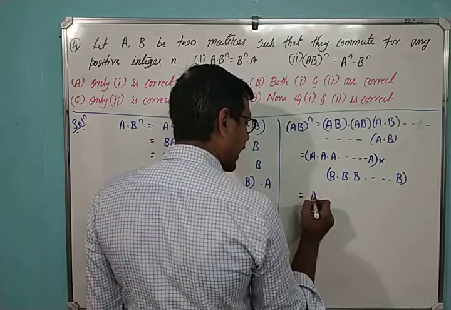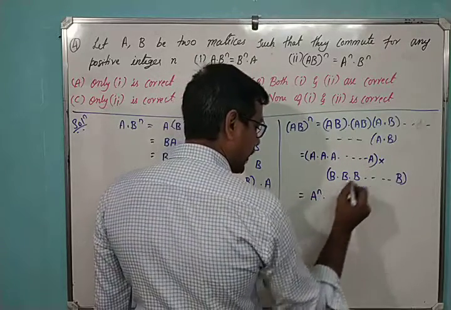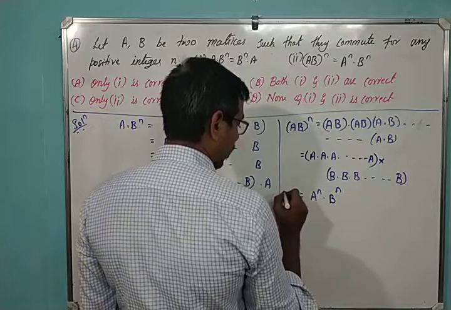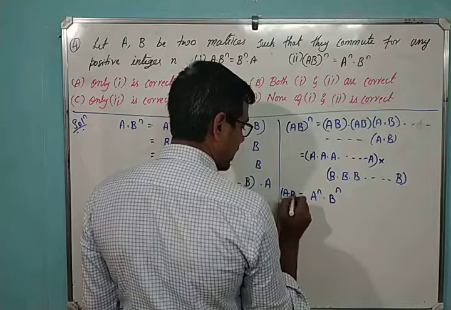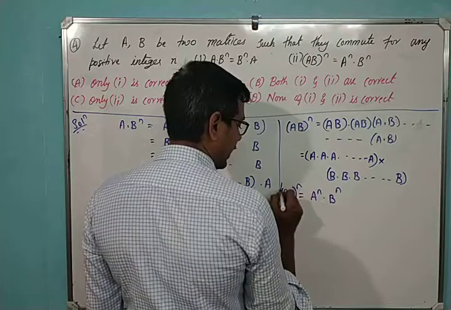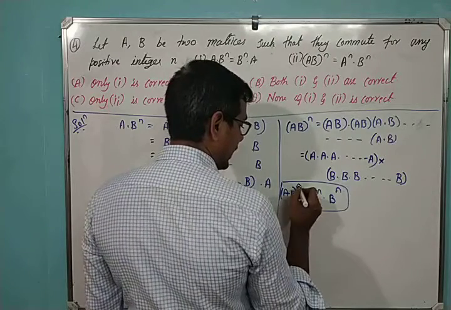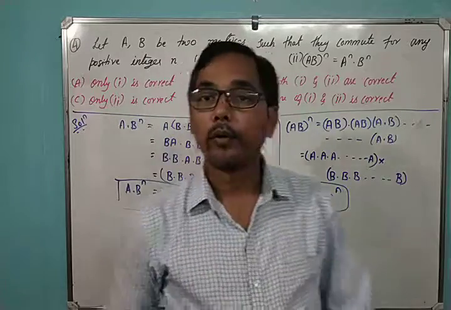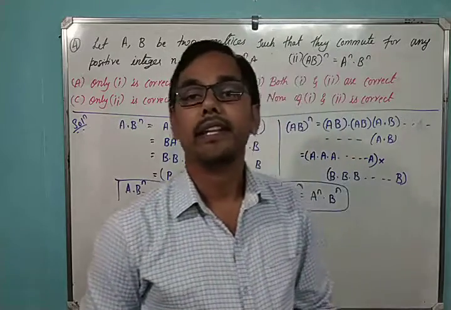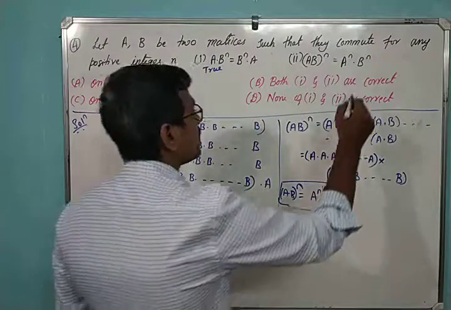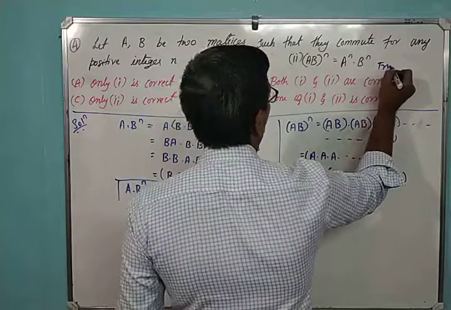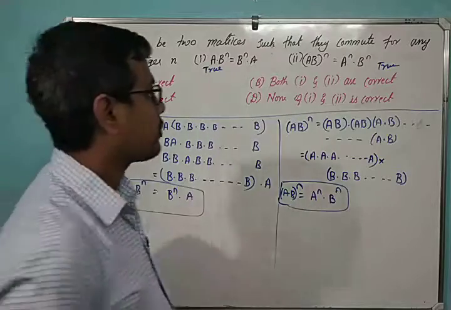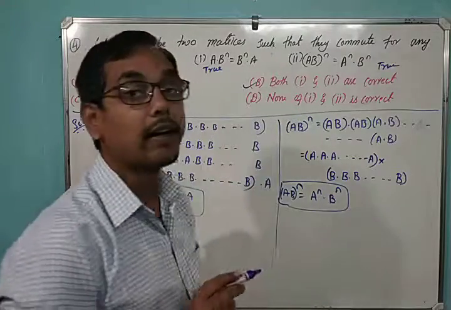A multiplied n times becomes A to the power n. B multiplied n times becomes B to the power n. What was this initially? A into B whole power n. Right? So A into B whole power n is nothing but A power n into B power n. So this is also true. This is also proved. So which one is the right one? Option B. Both 1 and 2 are correct.